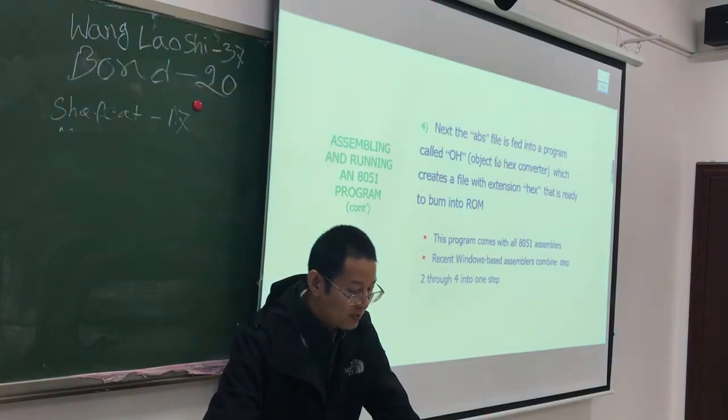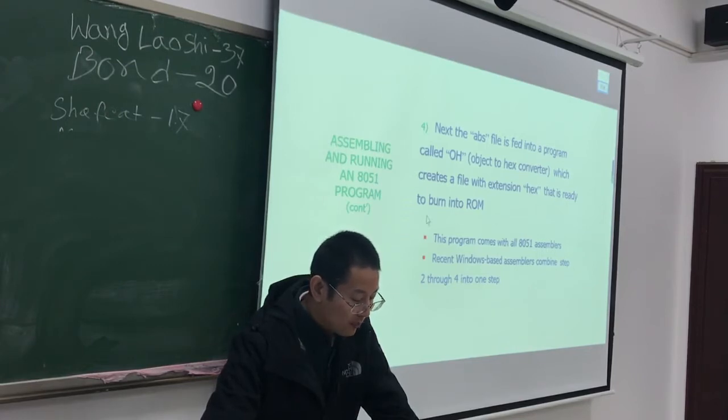Next, the ABS file is fed into a program called OH, object to hex, the command which creates a file with the extension hex that is ready to bake into ROM. So you can write your hex file to ROM.